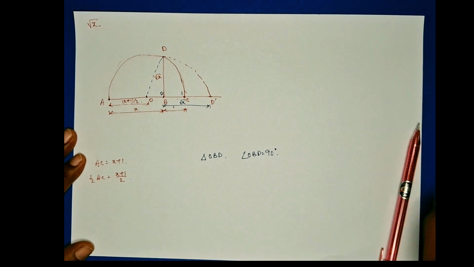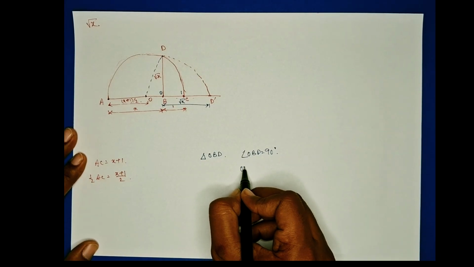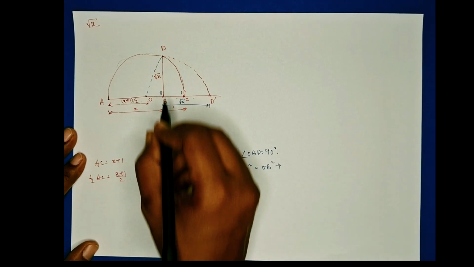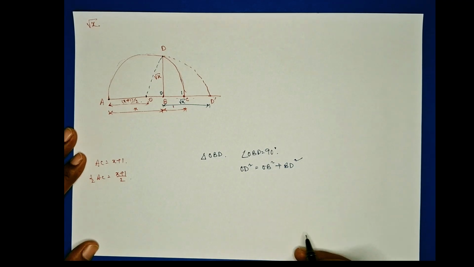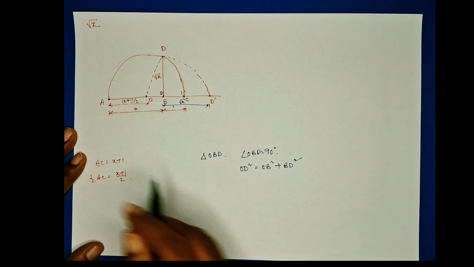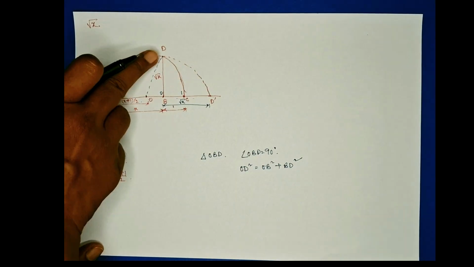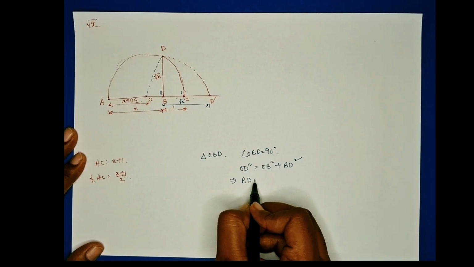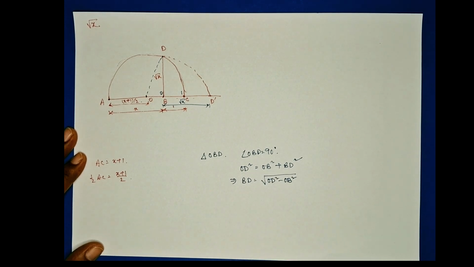That means, as per Pythagoras theorem, OD squared is equal to OB squared plus BD squared. What I want to get is the length of BD. So taking it this side, BD will be equal to square root of OD squared minus OB squared.